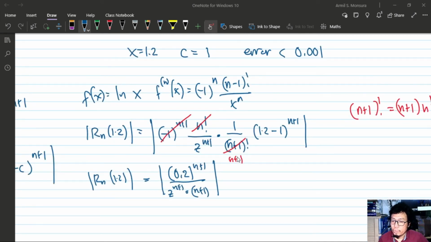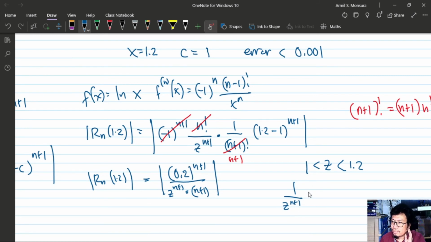Now, we take note that z is between c and x, where c is 1 and x is 1.2. The thing is that for the expression 1 over z raised to n plus 1, we really don't know what z is.